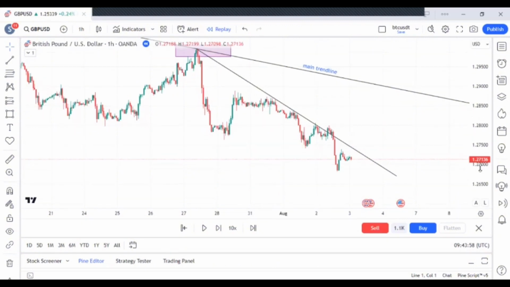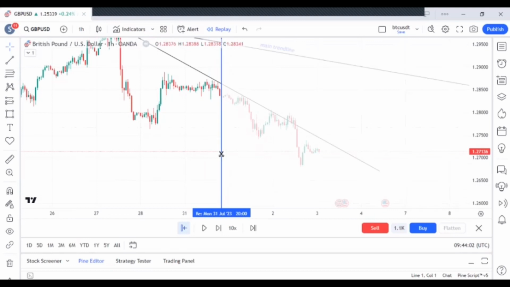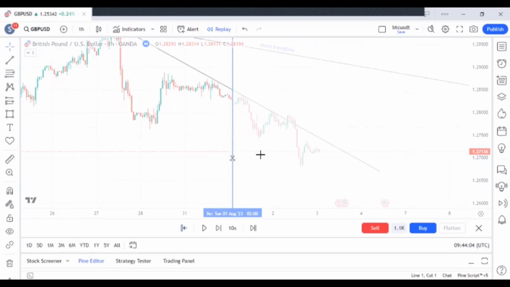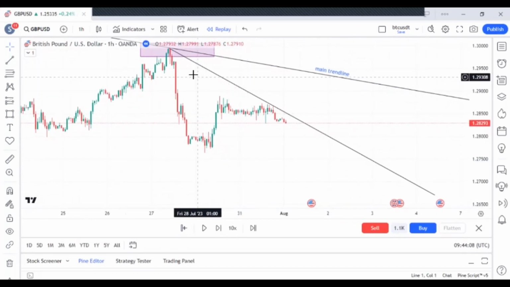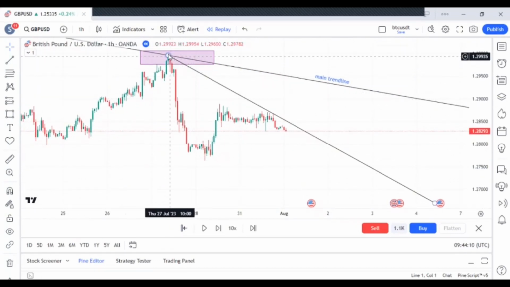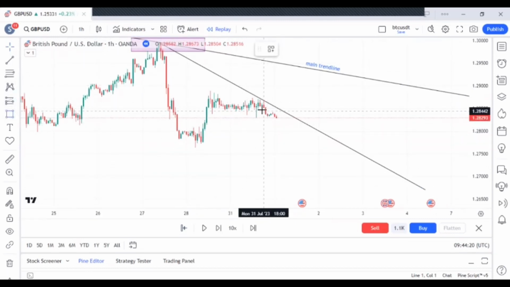So I scale down to the 1 hour time frame. Remember, this is the second touch of my main trend line, so it's now representing the first touch, and this guy here is my second touch of my inner trend line.